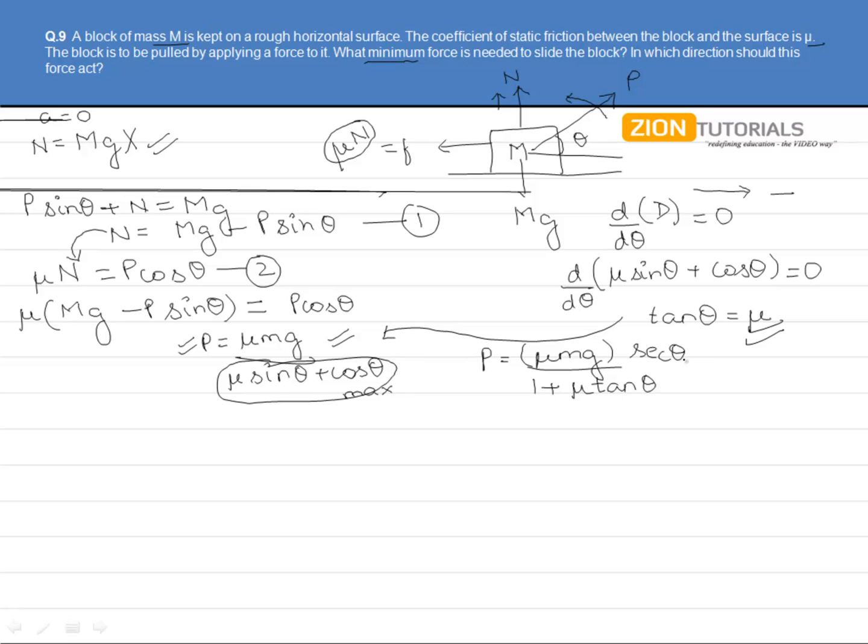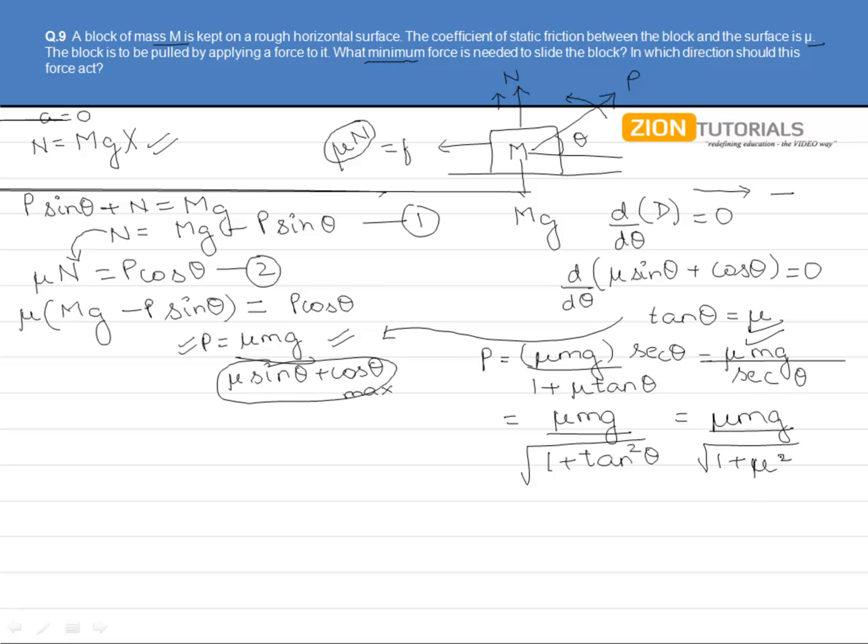That is giving us mu mg over sec theta, which we can further write as mu mg upon the square root of 1 plus tan squared theta. That is mu mg over the square root of 1 plus mu squared.